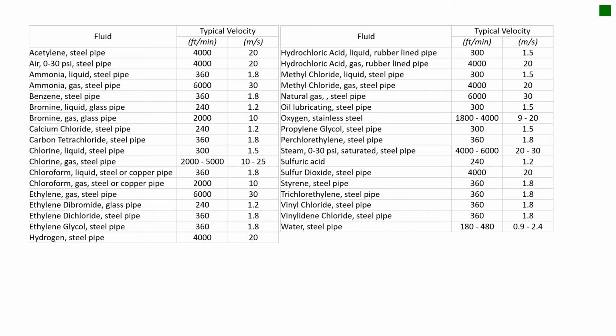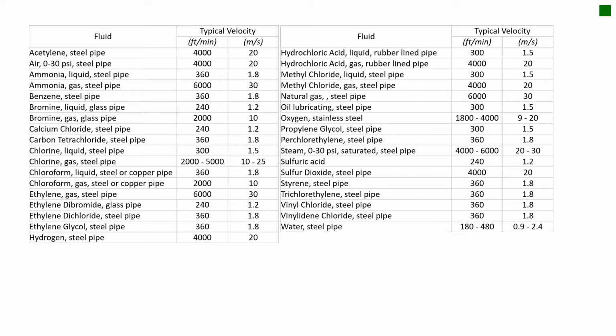Now for the pipeline itself, we need to know what the diameter should be, and we calculate the diameter based on recommended typical velocities flowing through the pipeline. Here we see various different types of fluids flowing through different types of pipelines, and we're given recommended velocities going through these pipelines.